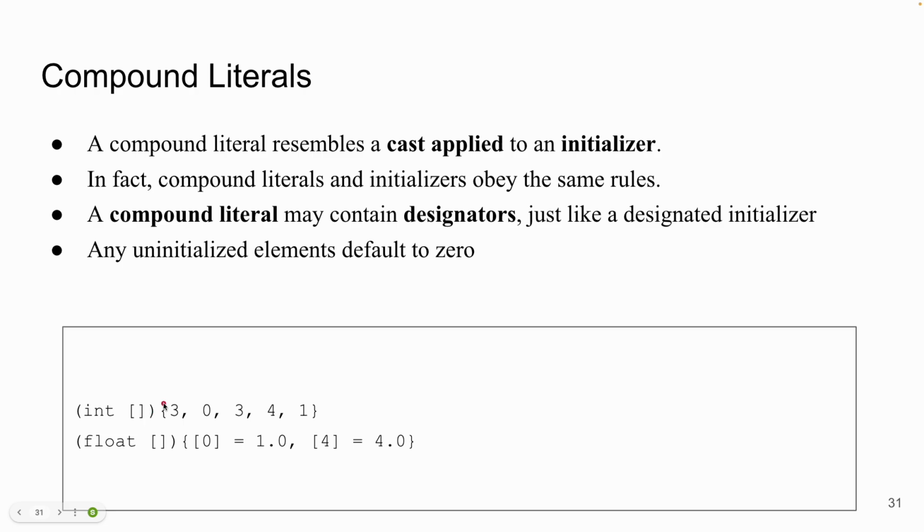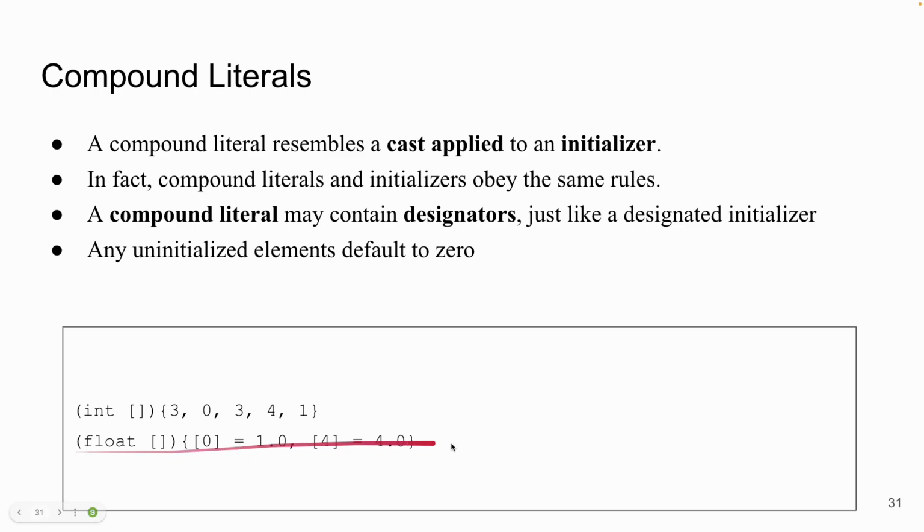And then we can just provide the initializer here. And in fact, in C, the compound literal and initializer obey the same rules. So we can also use a designated initializer in the compound literal here.